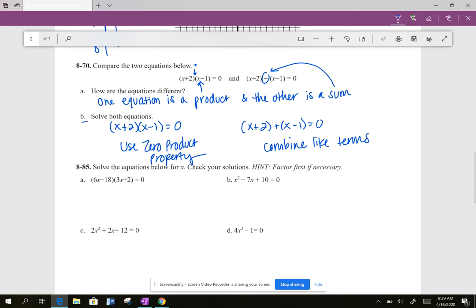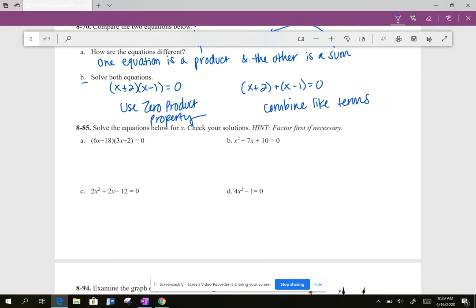Okay, what is the zero product property? That is what we use when we have a product that is equal to 0. The zero product property tells us that if you have something times something else equal to 0, either the first factor is equal to 0 or the second factor is equal to 0. So this might look familiar. When you use your product property, set each factor equal to 0.